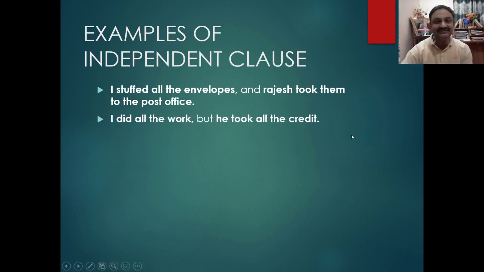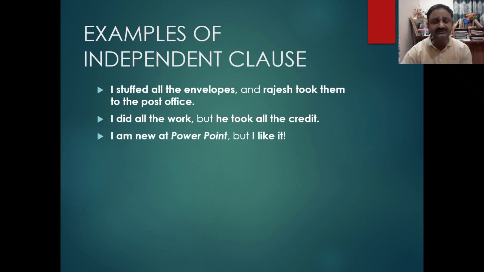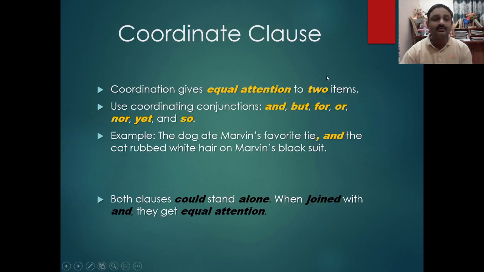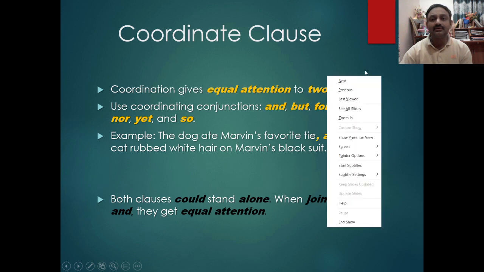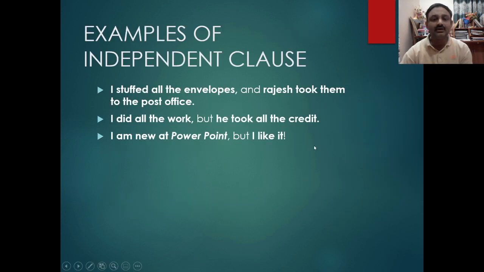Similarly, the other sentences follow: I did all the work but he took all the credit. Now the third one is, I am new at PowerPoint, comma, but I like it. So what it tells us is that both the sentences are joined by and, but, and similarly in the form of a comma also.